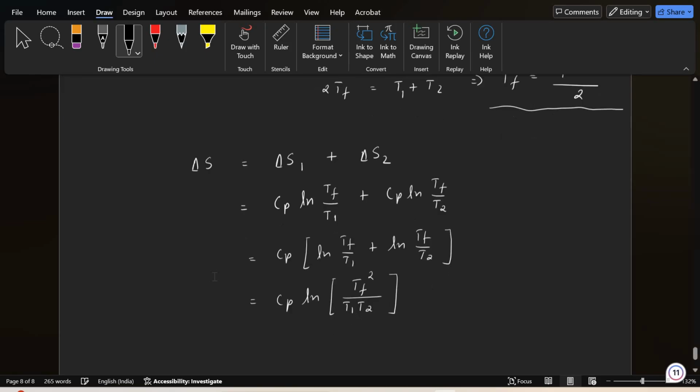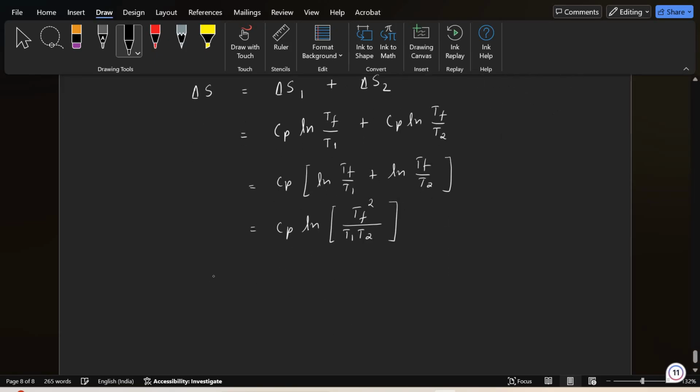What is the Tf value? T1 plus T2 by 2, so we just need to square it. Basically it's (T1 plus T2) whole square, 2 square is 4, so 4 T1 into T2. So this is the total entropy change of the process.